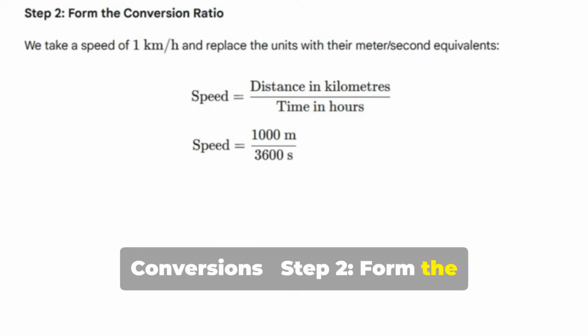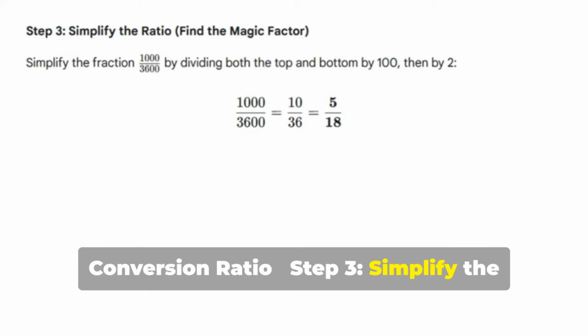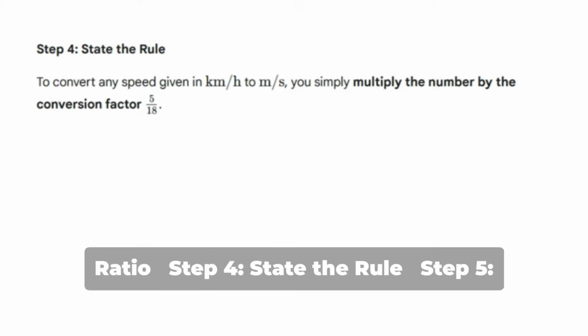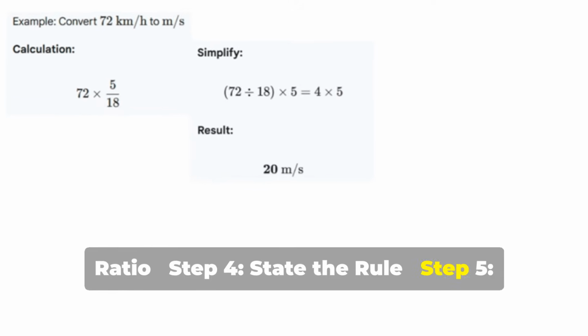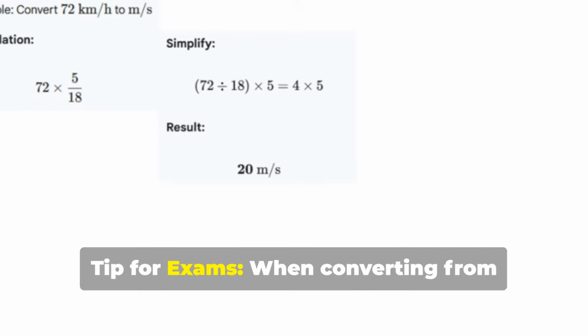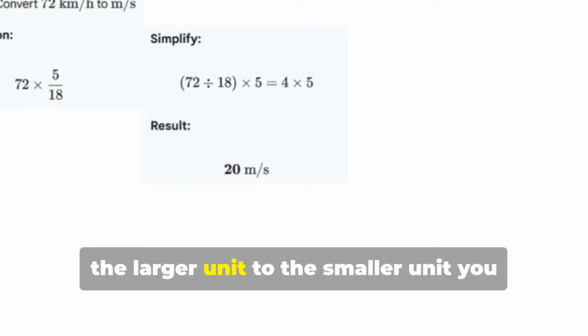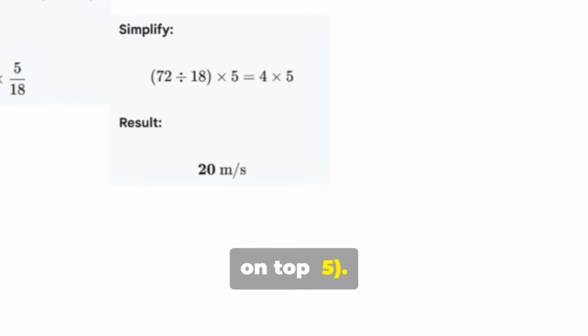Step 2. Form the conversion ratio. Step 3. Simplify the ratio. Step 4. State the rule. Step 5. Apply the rule. Tip for exams. When converting from the larger unit to the smaller unit, you use the fraction with the smaller number on top, 5.